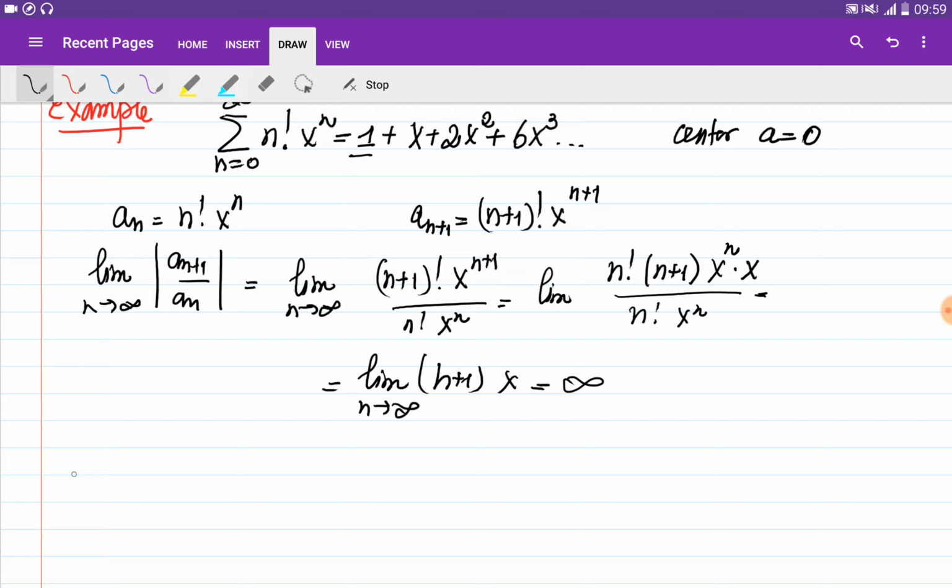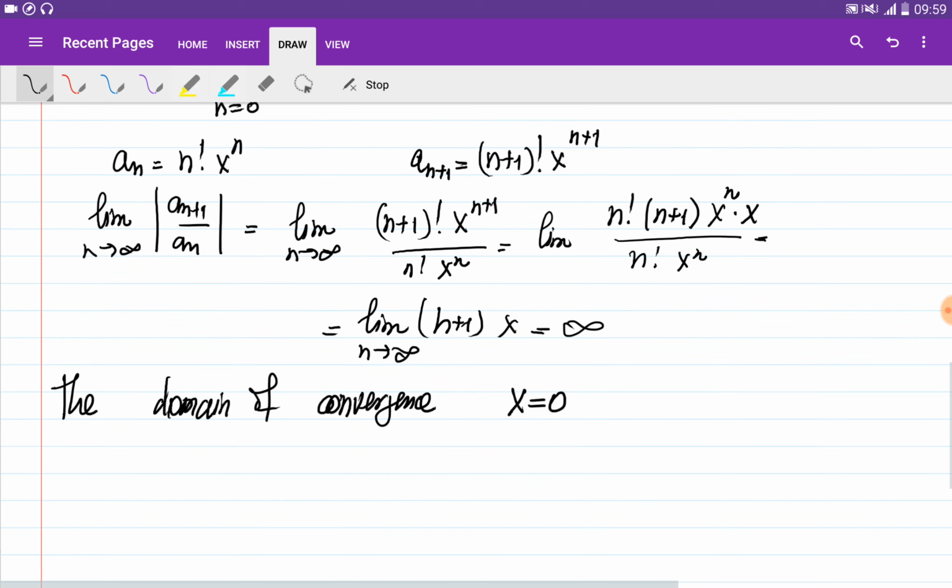Okay, so the power series in our case, the domain or interval of convergence, is simply 1 point, x is equal to 0. So we find ourselves in the center 0, right?